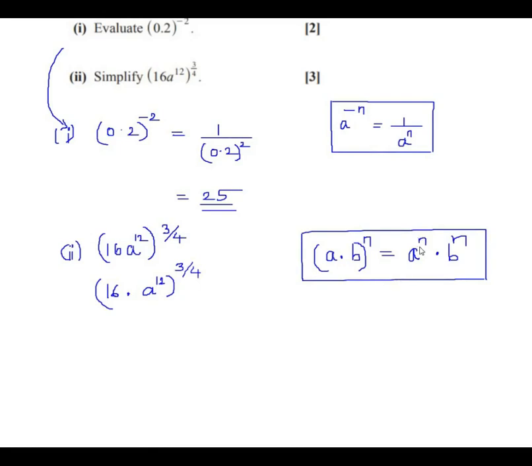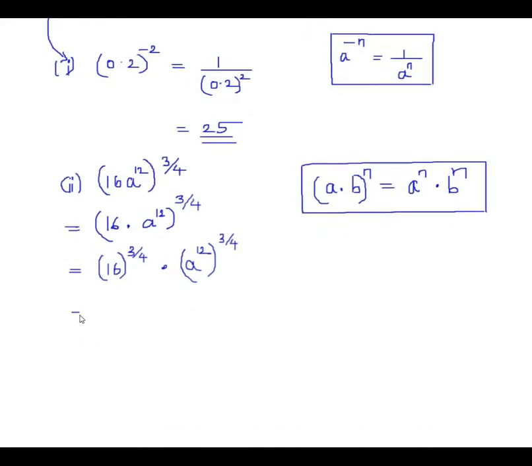As we distributed the power here, we have to distribute this power to 16 as well as a to the power of 12. So it becomes 16 raised to the power of 3 over 4 times a to the power of 12 raised to the power of 3 over 4. So we have simplified this by a step.